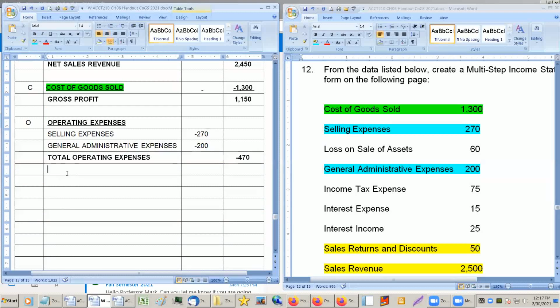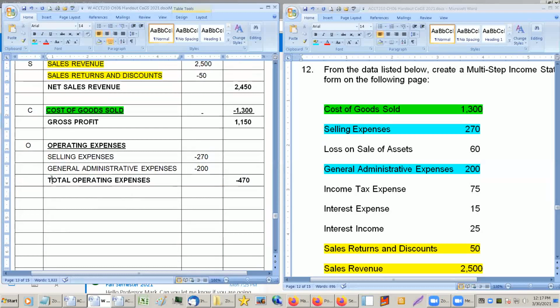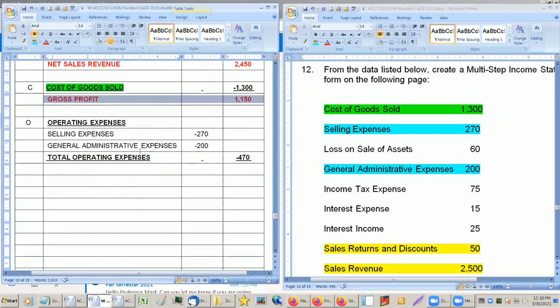All right, and so this will give us our operating income.